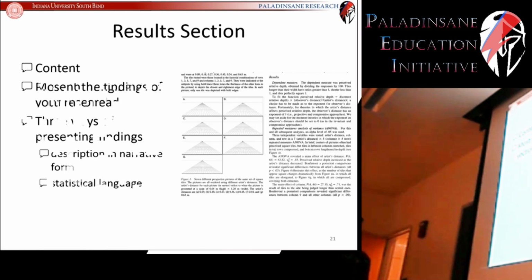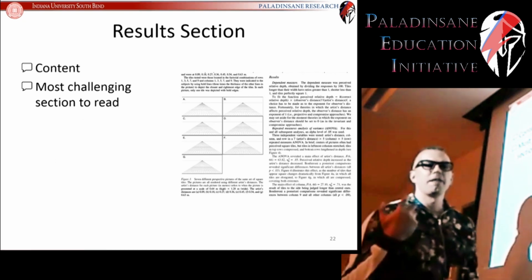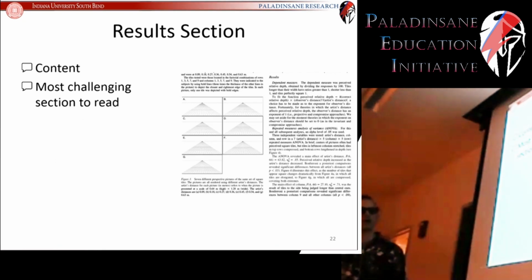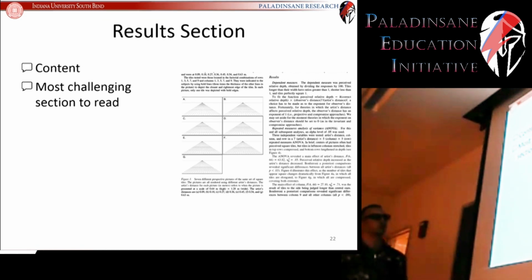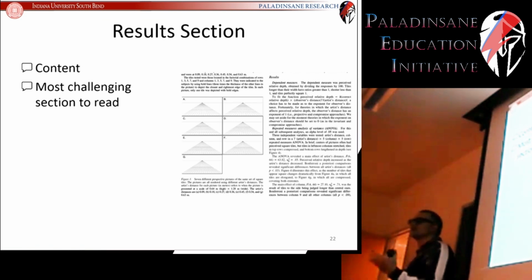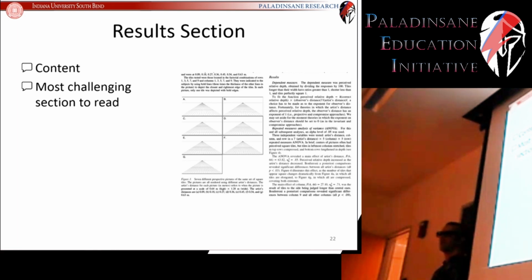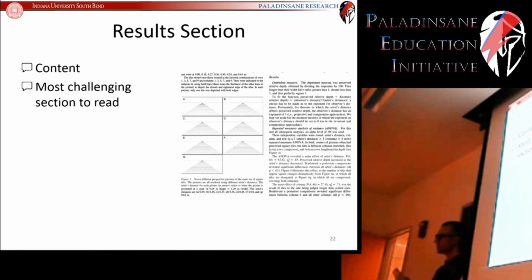And the reason we're doing this is because the results section, you probably found this when you've been working through your required readings for your research paper, it's the most challenging section to read. The results section, even for a professional psychologist, after reading hundreds of articles, you slow down during the results section, and you have to take your time, and you have to really think about it.